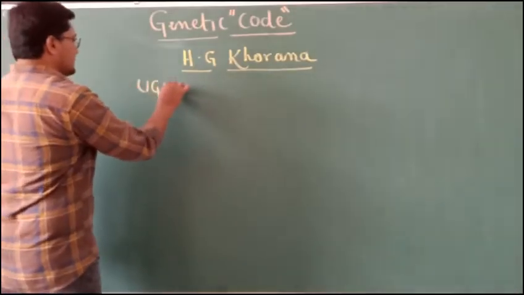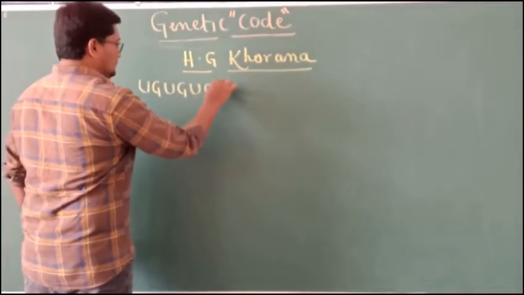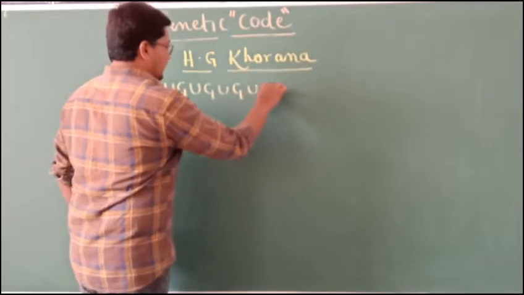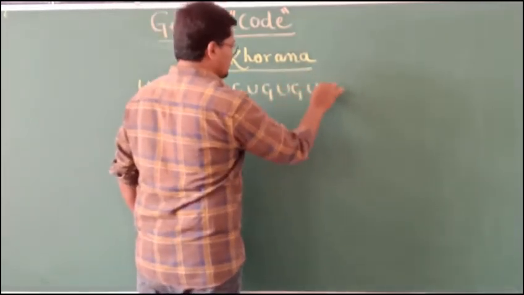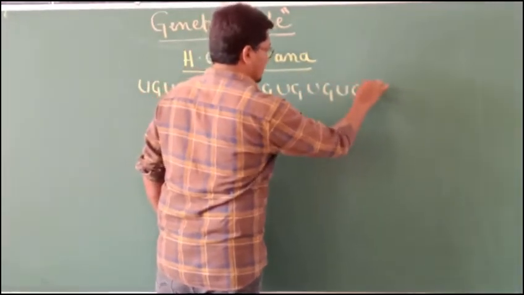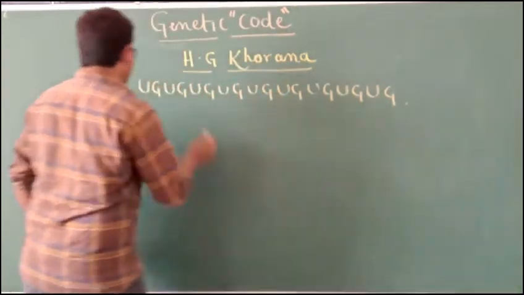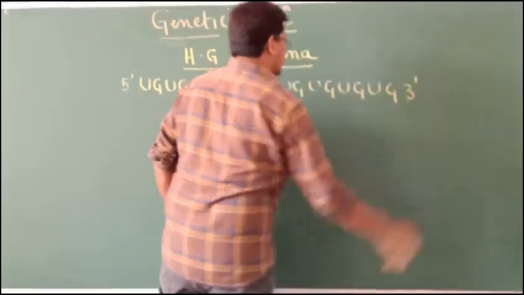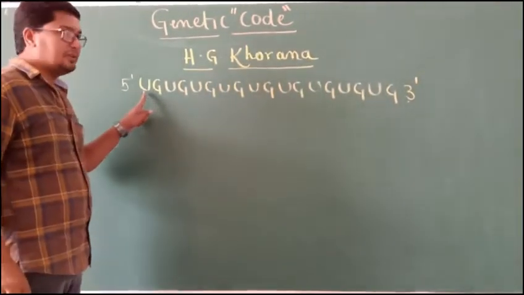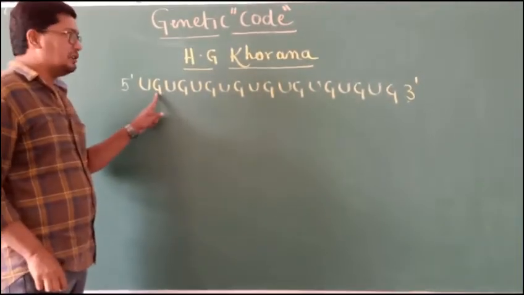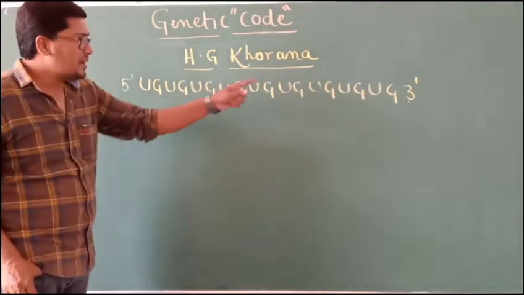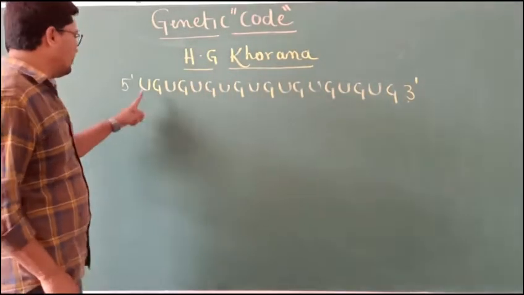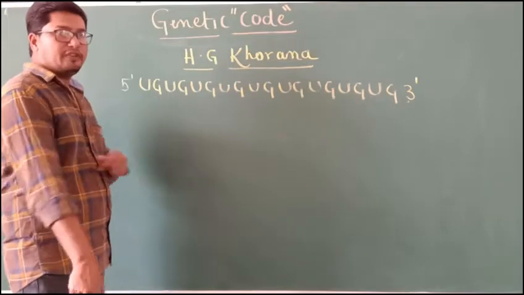He synthesized an mRNA by making use of only two types of nucleotides, that is, containing nucleotides of what? Uracil and guanine. So he synthesized an mRNA artificially with the help of only two types of nucleotides.